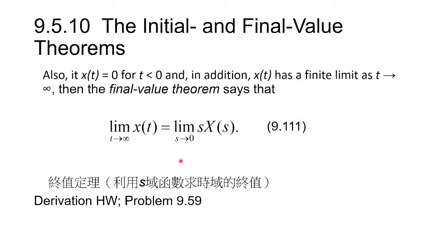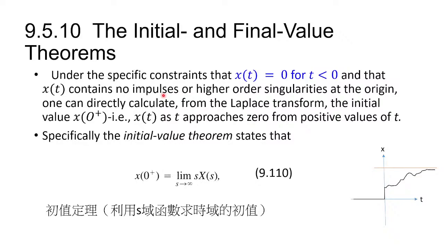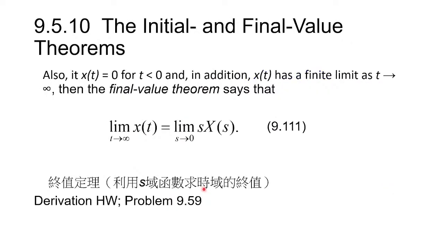And there is also the final value theorem. It kind of swaps the 0 and the infinity here. We still need this causal condition, so let me draw here.